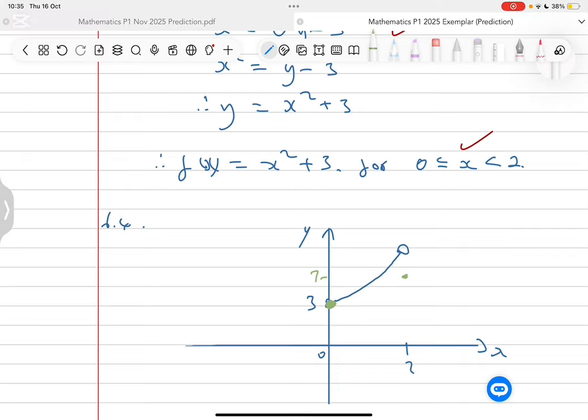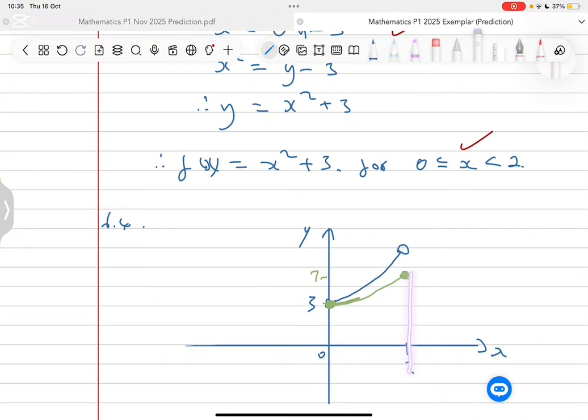And this again is a parabola that should be looking like this, but it only exists on this part. So the other parts I'm going to cut off. It's a root function that is only reflected on this part here. So this here is a 3, and at this point I'm having the point (2, 7).